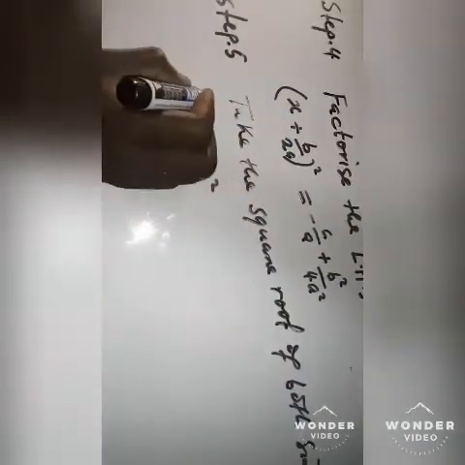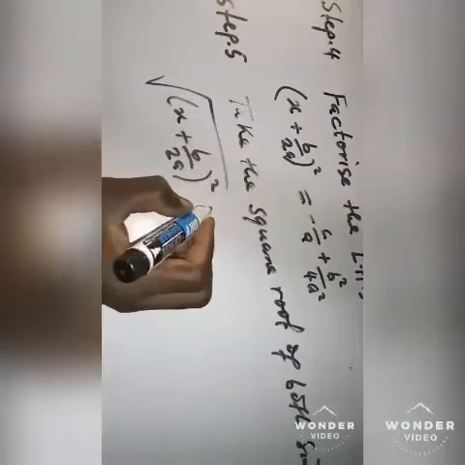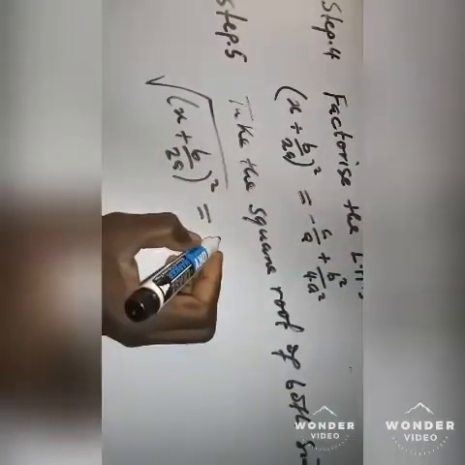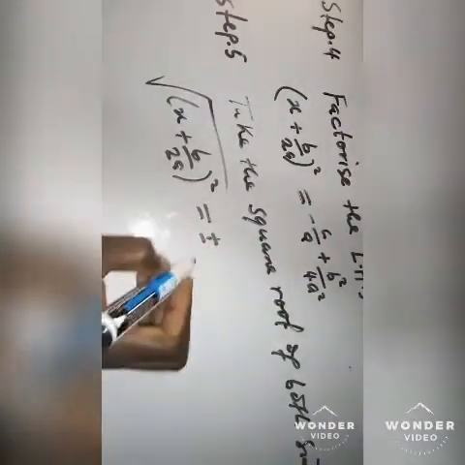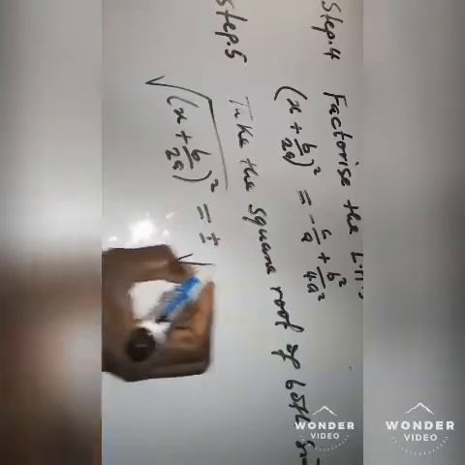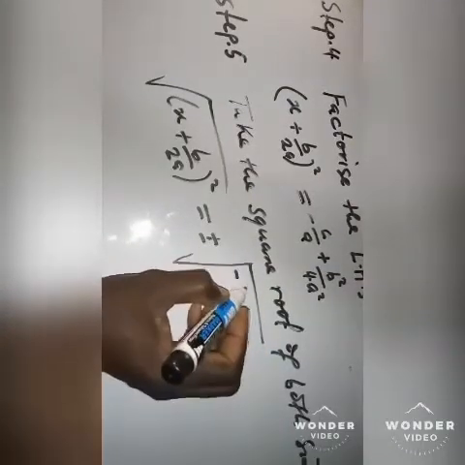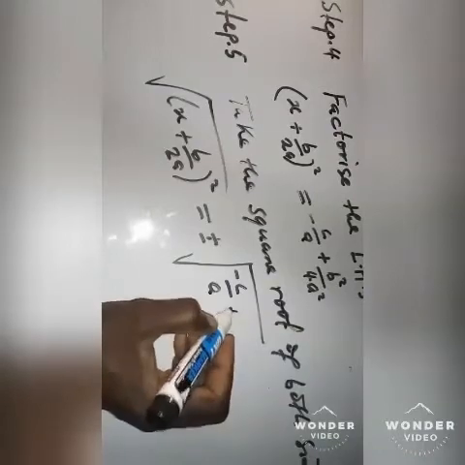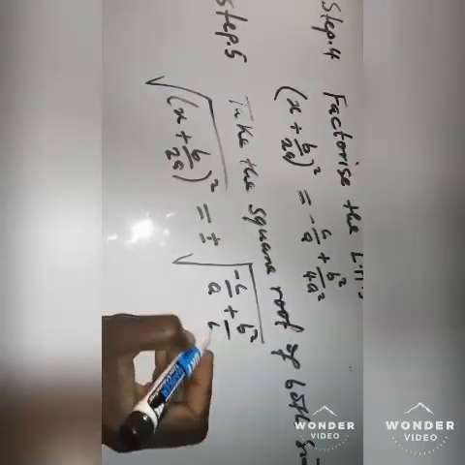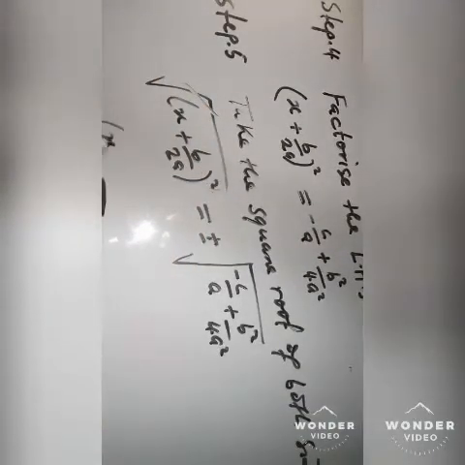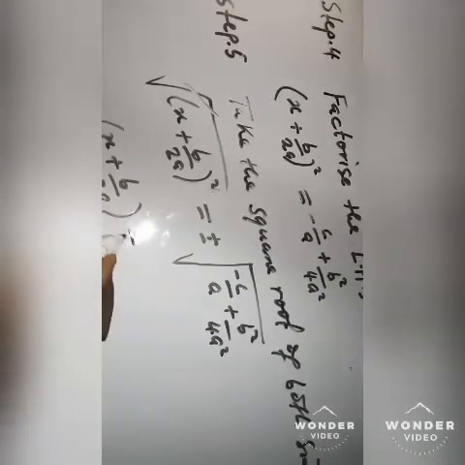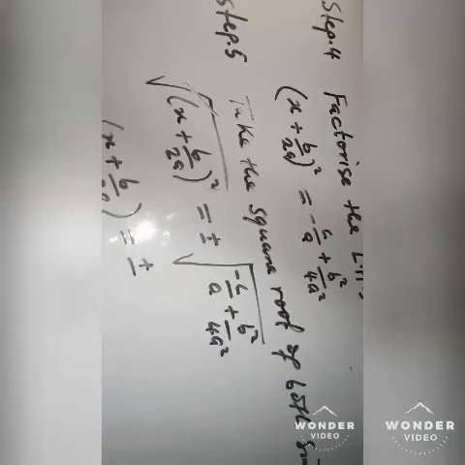Now I'm taking the square root of the left hand side. This is what I get. Then plus or minus, because whenever you take the square roots, this plus or minus must appear. Negative c all over a plus b squared over 4a squared. So this square will cancel the square root, leaving you with x plus b all over 2a equals to plus or minus.